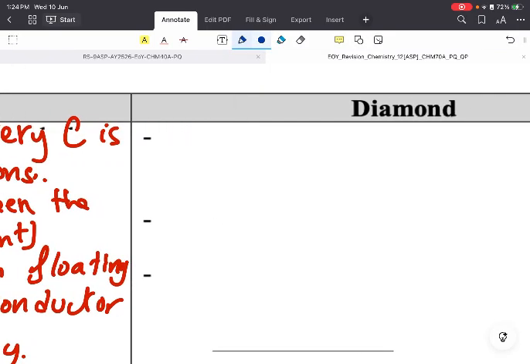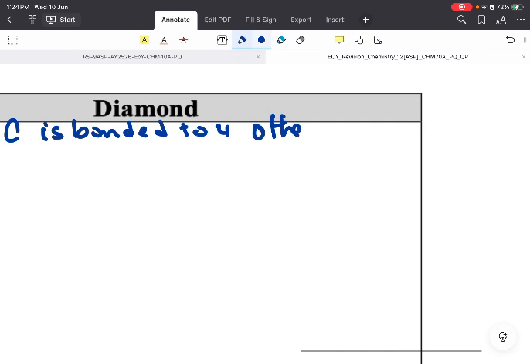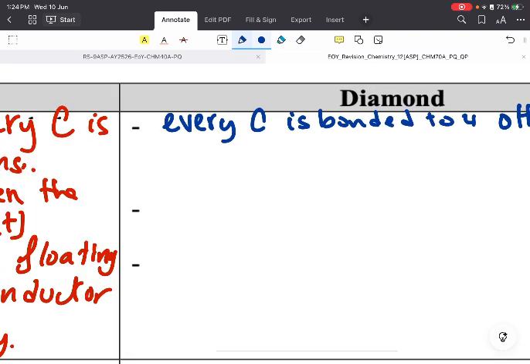So every carbon is bonded to 4 other atoms. So there are no electrons floating around, and this is not a good conductor. It doesn't conduct electricity. However, diamond conducts heat, thermal conductor.